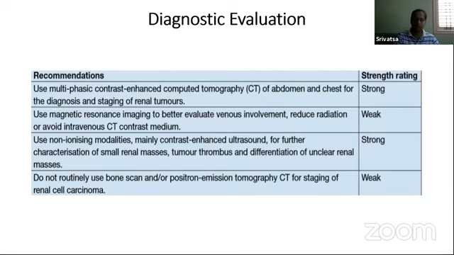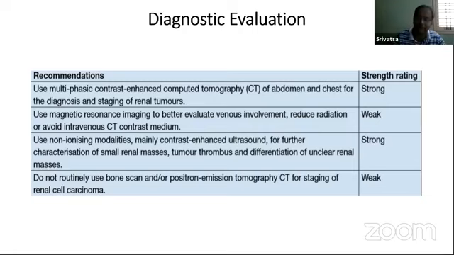The key here is to use the triple phase contrast enhancement, that is to look at the arterial phase, the venous phase, as well as the urogram phase, which will have a treatment implication as far as planning a surgery is concerned, especially if you are contemplating doing a partial nephrectomy.